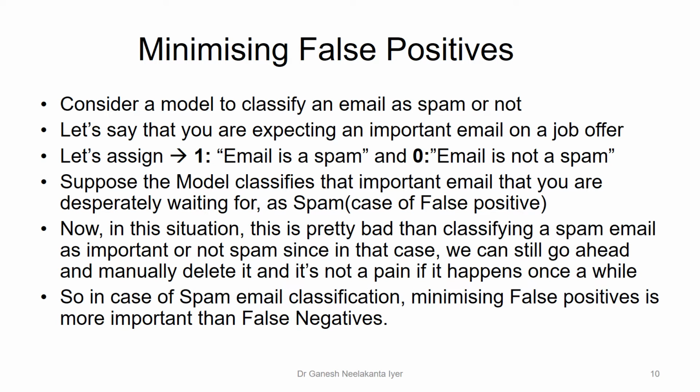This is pretty bad, whereas classifying a spam email as not spam is less bad, since in that case we can still go ahead and manually delete it. So in case of spam classification, minimizing false positives is more important than false negatives. Whereas in cancer detection, false negatives were more important. We wanted to minimize false negatives.